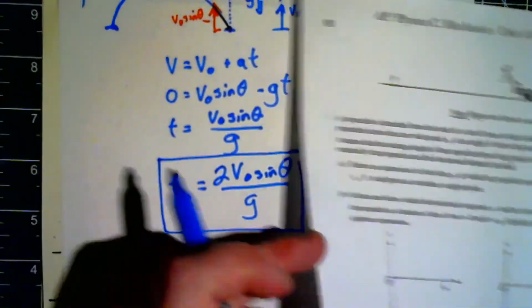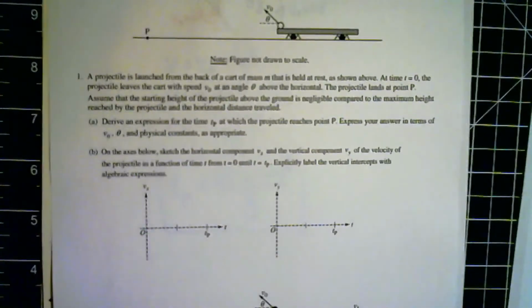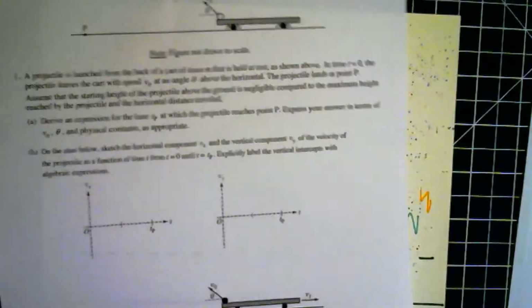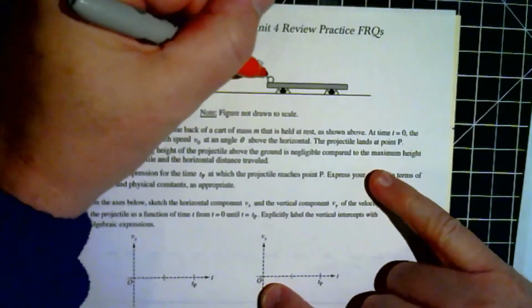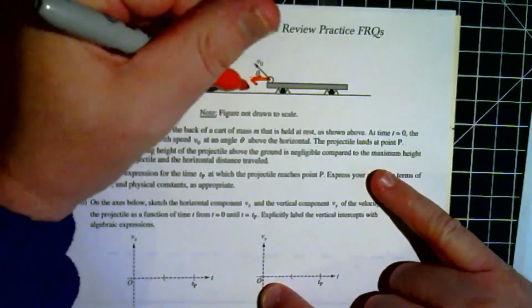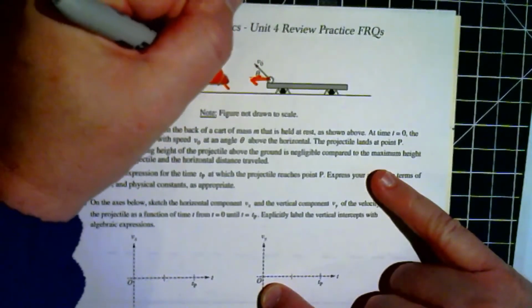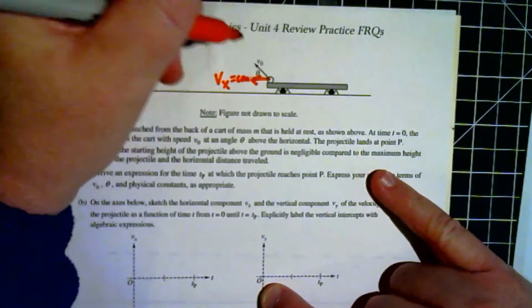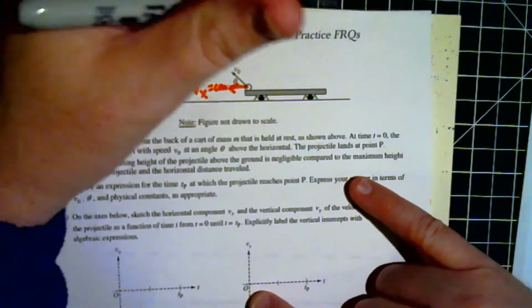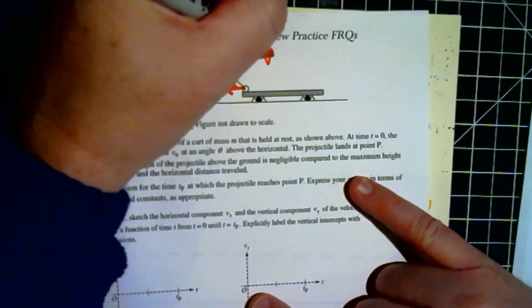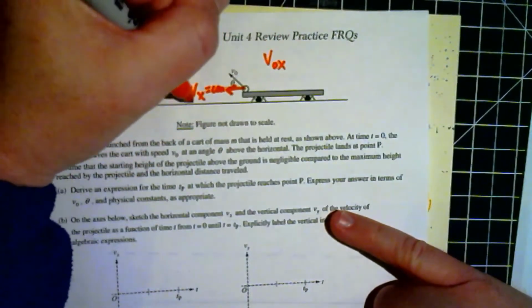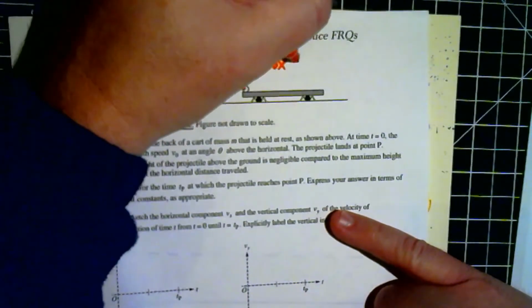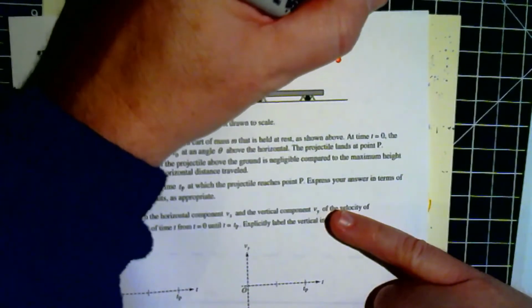Now question B has us sketch a couple of graphs. Now this was pretty easy because if you remember, for a projectile, in the horizontal direction, the velocity is constant. So as this thing flies horizontally, that velocity in the x direction is a constant value. Okay, and if you remember, the horizontal component v0x is equal to the horizontal velocity vx, which is just v0 cosine theta.